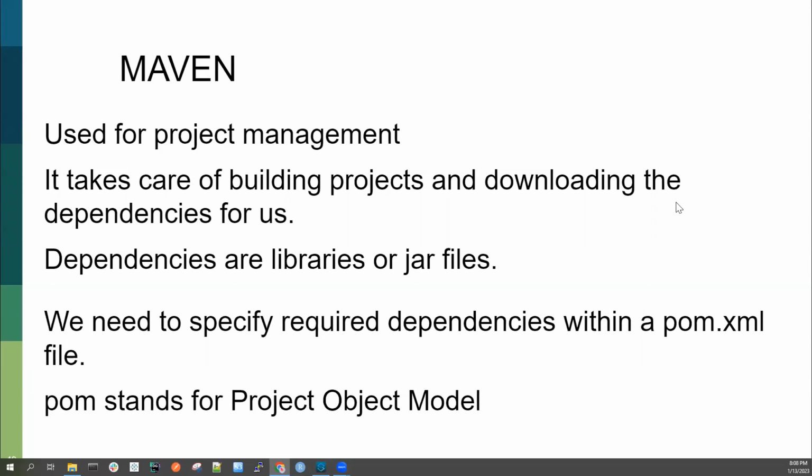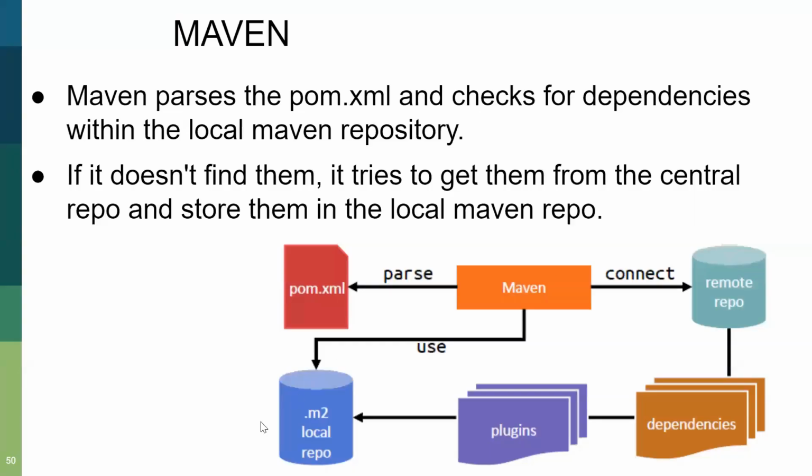It takes care of building the project, downloading the necessary dependencies, and so on for us. We specify the required dependencies in the pom.xml file, and POM stands for Project Object Model. So we worked on that, and also we went over this one.